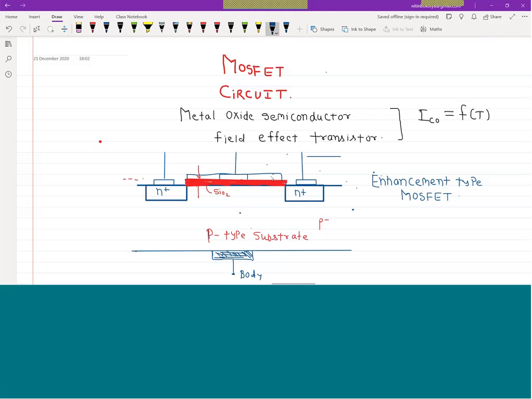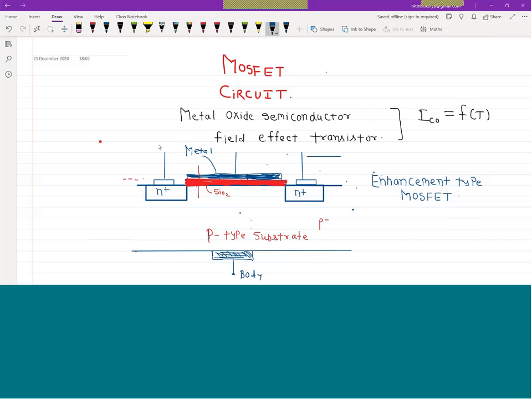So first we are having metal. This is metal, this is oxide, and this is semiconductor, lightly doped semiconductor. That's why this is known as MOSFET.